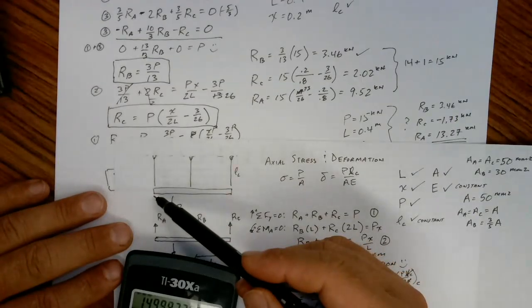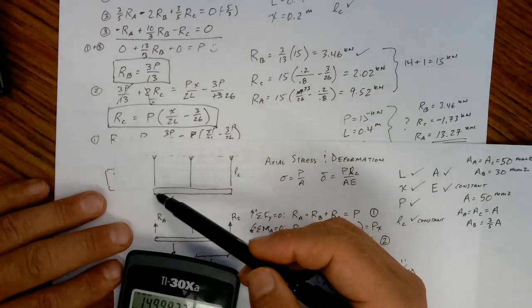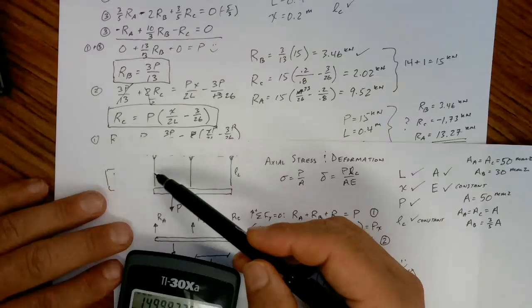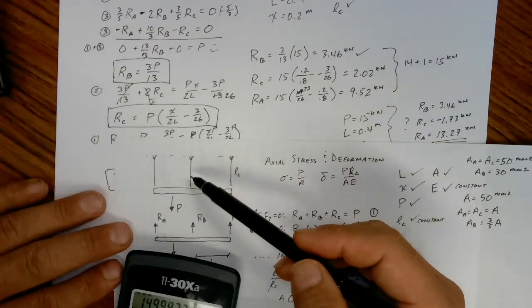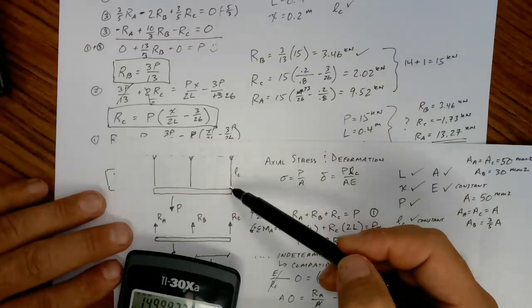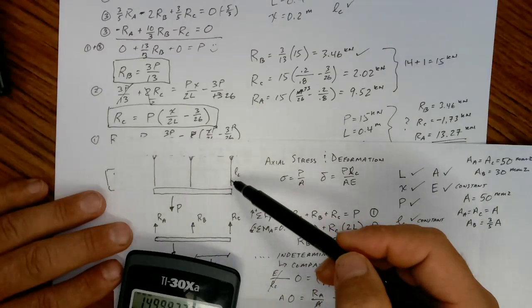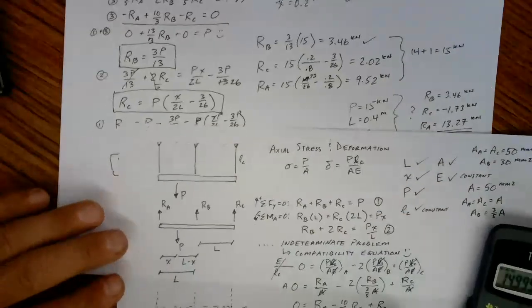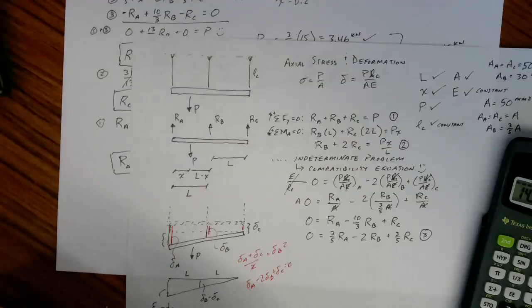But if X was equal to 0, then common sense would tell us that all the 15 kilonewtons goes right into this one, and these two might not support anything. Or since it's all attached, it has to rotate, and so our deformation doesn't look like this. Our assumption doesn't look like this.